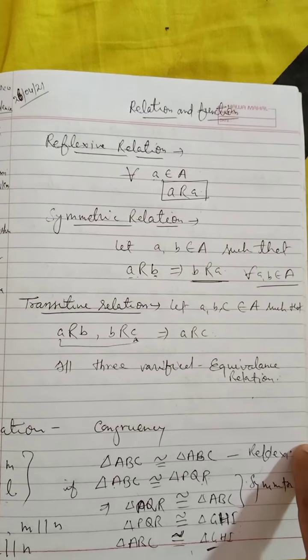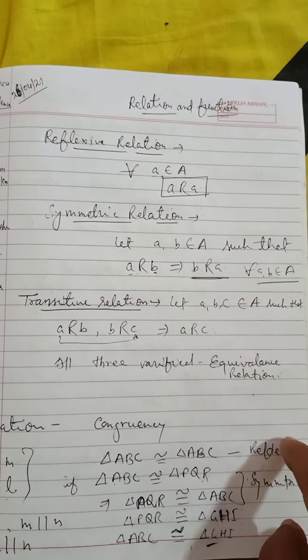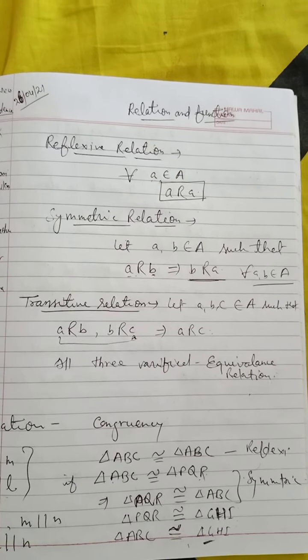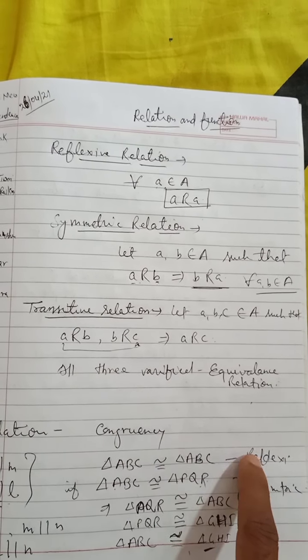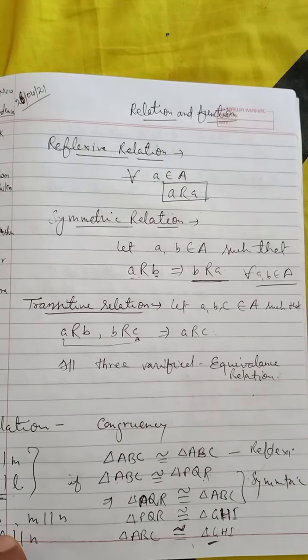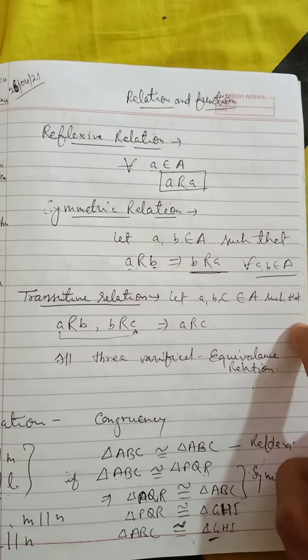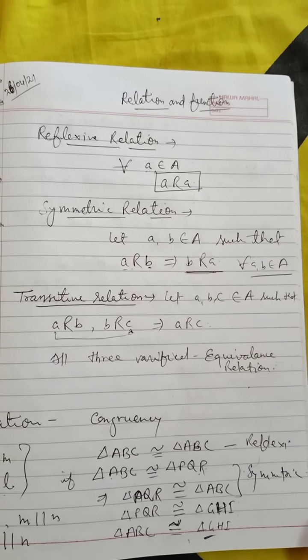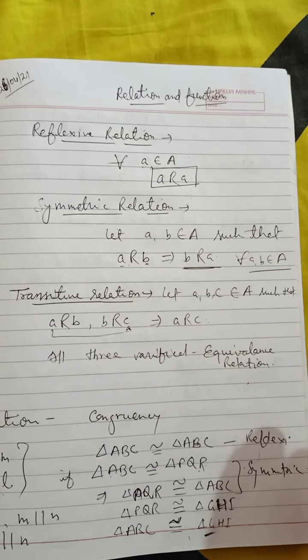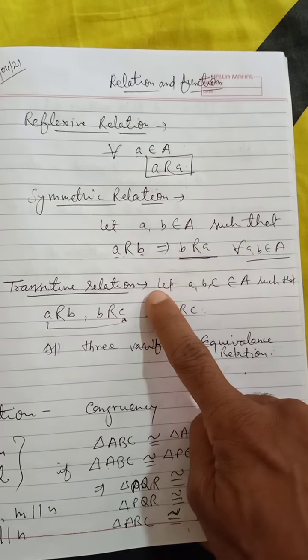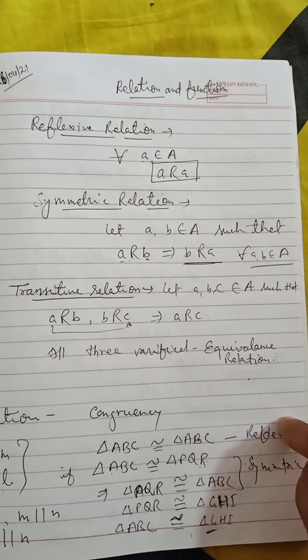That means similarity verifies the transitive relation. If we take congruency, triangle 1 is congruent to triangle 2, triangle 2 is congruent to triangle 3, then triangle 1 is also congruent to triangle 3. That means congruency also satisfies the transitive relation.